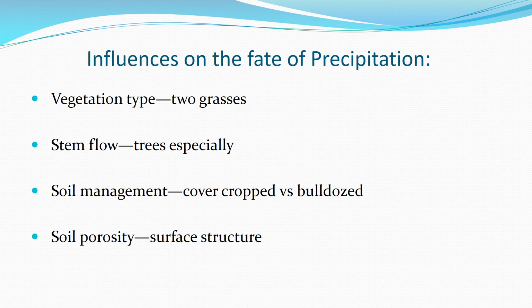Soil management has a huge impact on the fate of precipitation. Whether something is cover cropped or bulldozed is going to change how water is going to be included or released. Soil porosity is highly dependent on surface structure, and so this, of course, will also have an effect on the fate of water.